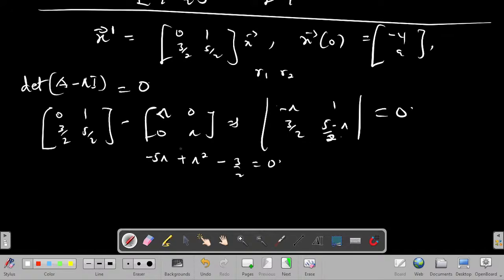So I'm coming here, making. Okay, so here you are going to do the simple multiplication, right? With the simple multiplication, you are going to get lambda squared minus 5 out of 2 lambda minus 3 out of 2 equal to 0.